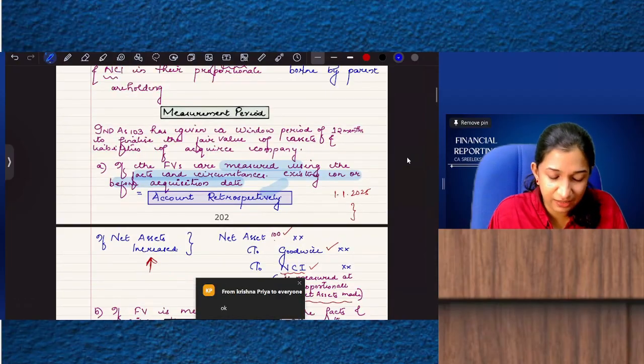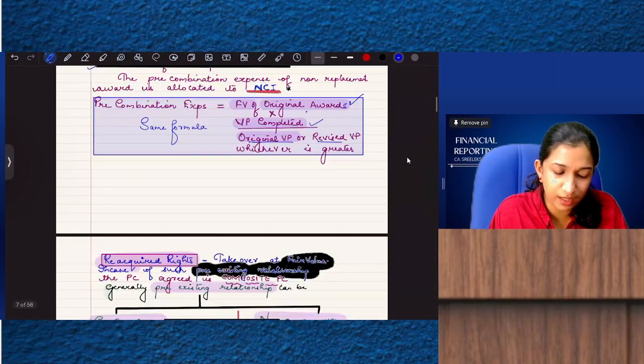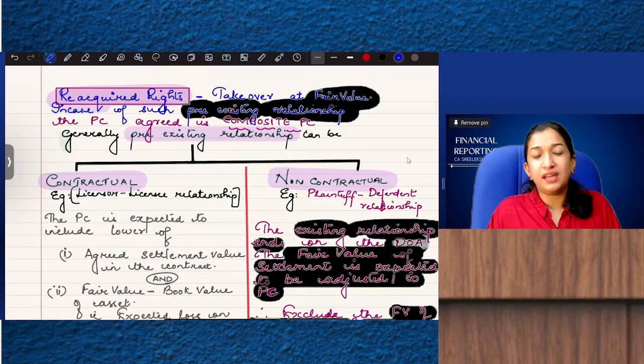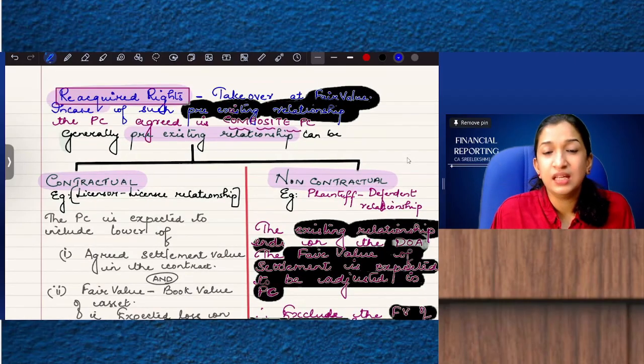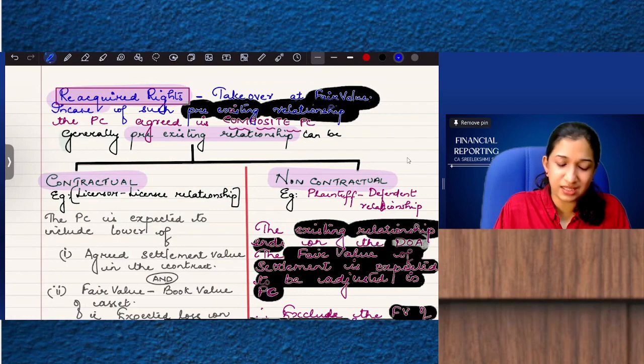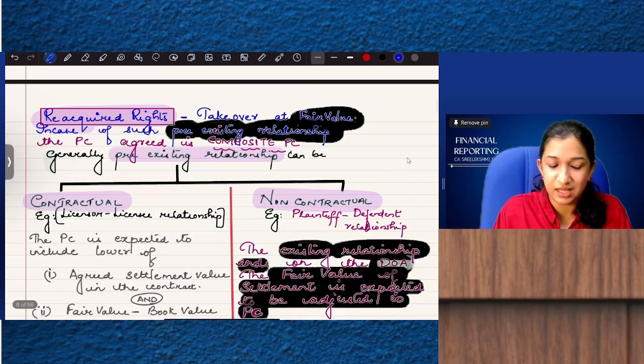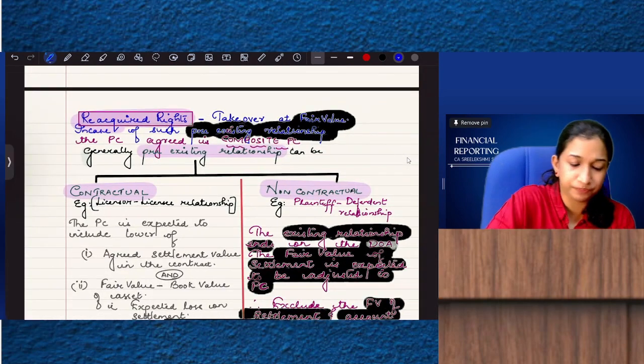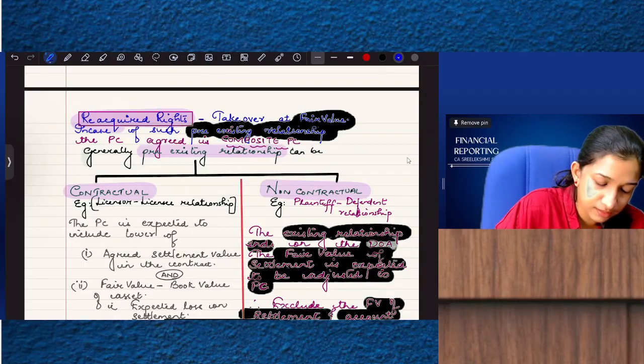And finally, our area is reacquired rights. Last area to be in the additionals. What is reacquired right?